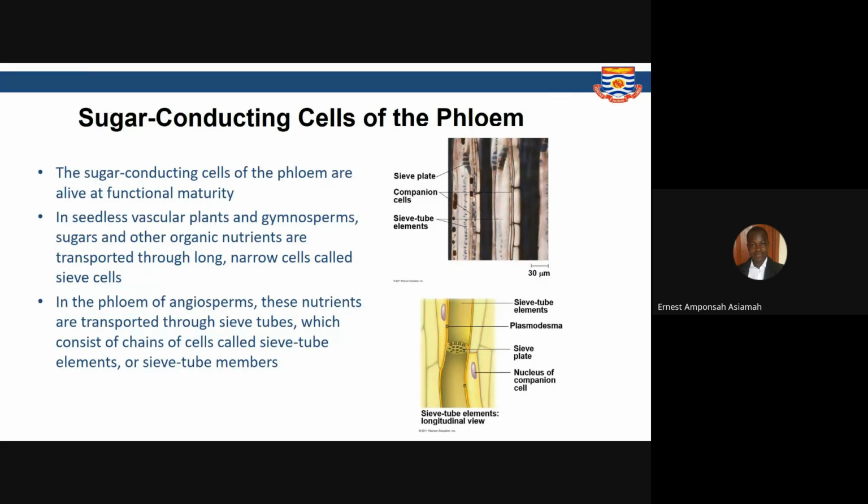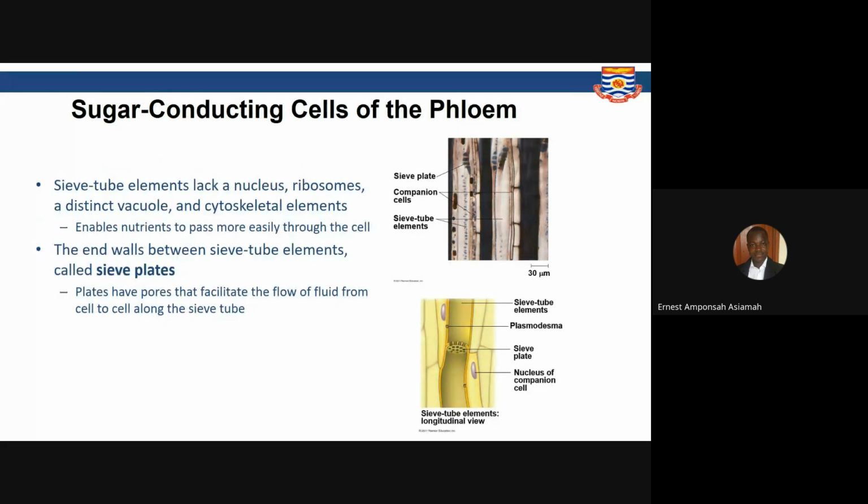Those are the sieve tubes, and they consist of a chain of cells which we call the sieve tube elements. Like here in this picture, we have the sieve tube elements, and these sieve tube elements lack a nucleus.